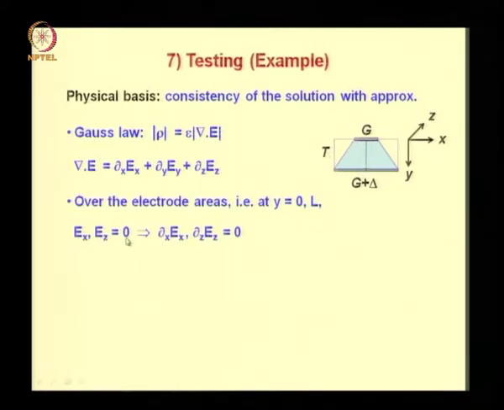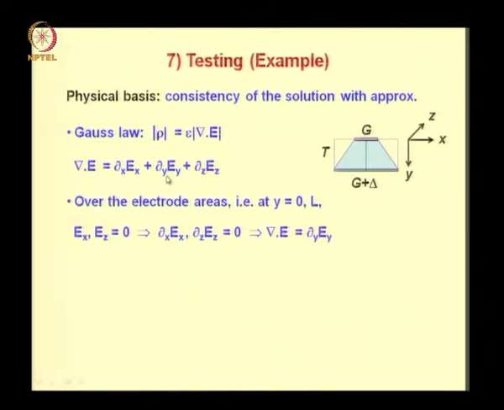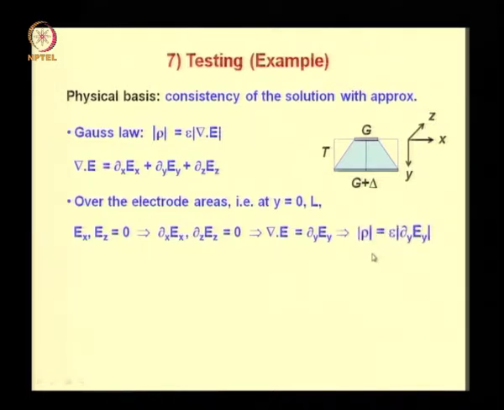So since these are 0 over the entire electrode area, therefore their derivatives dou Ex by dou x and dou Ez by dou z are also 0, and therefore over the electrode areas divergence of E simplifies to simply the formula dou Ey by dou y, because these other two terms have gone to 0, and therefore modulus of rho is equal to epsilon times modulus of dou Ey by dou y.